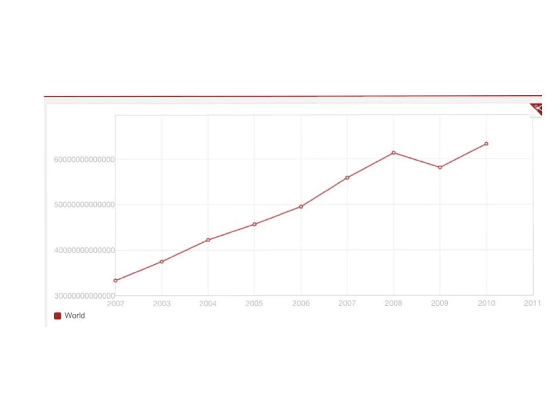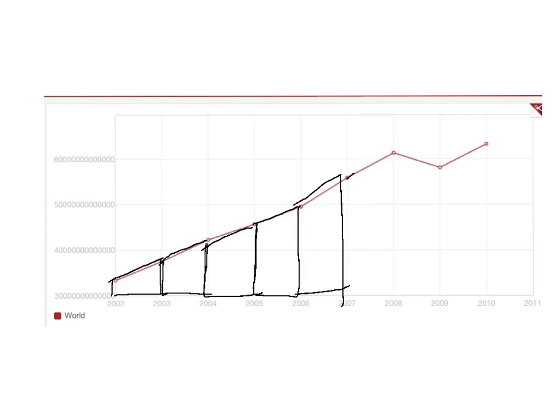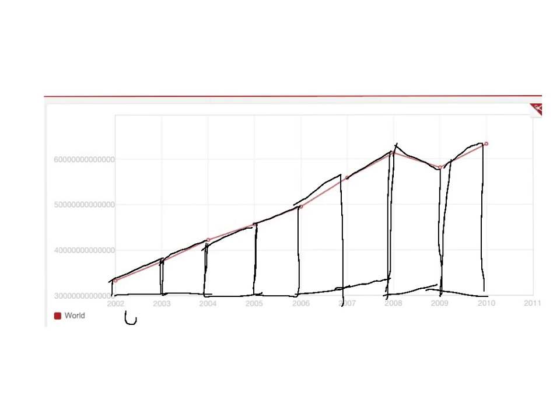So here's our graph, and you can see that it's going to be pretty easy to see where the trapezoids are going to go. There's one there, one there, there, and so on until the end, with the width being 1 year here.